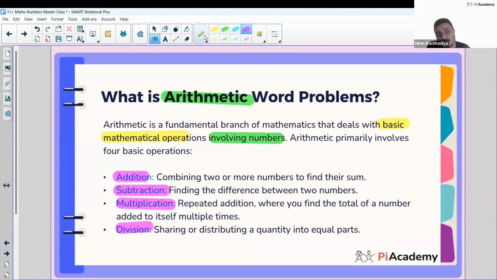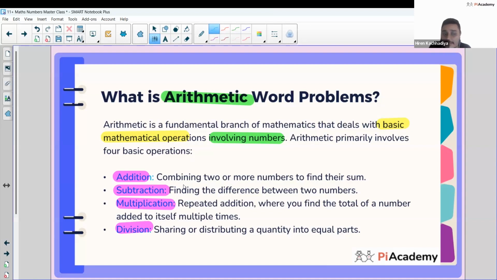Most of you are aware of it. Addition means combining 2 or more numbers to find their sum. Subtraction means finding the difference between 2 numbers. Multiplication is repeated addition. For example, if I have to multiply 12 times 6 using repeated addition, I have to add 12 for 6 times: 12 plus 12 plus 12 plus 12, and so on.